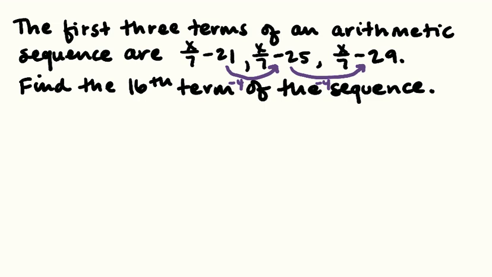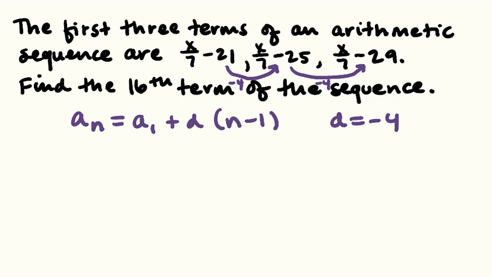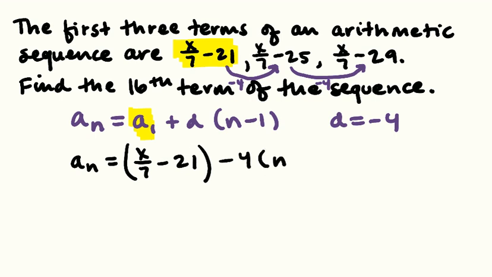And we had this formula that the nth term of an arithmetic sequence was equal to the first term plus the common difference times n minus 1. Well, that common difference is equal to -4. And we know that the first term, this first term here, is x over 7 minus 21. So I'm going to say that the nth term is equal to x over 7 minus 21 minus 4 times n minus 1.